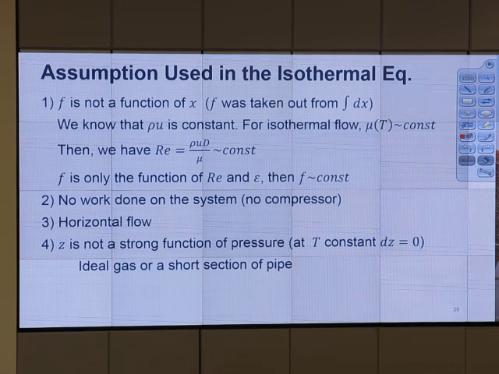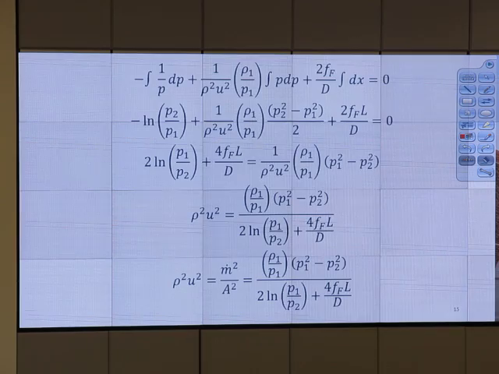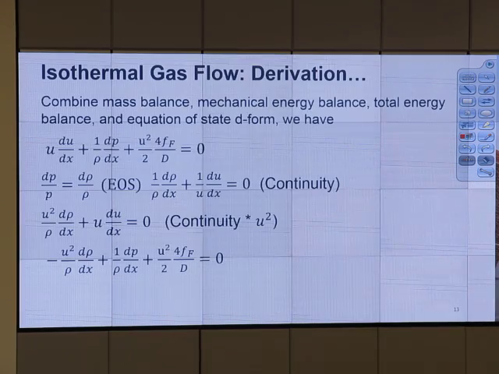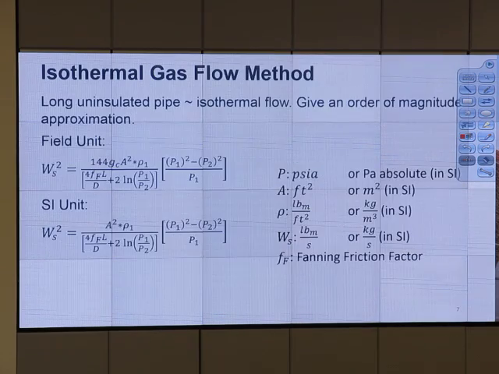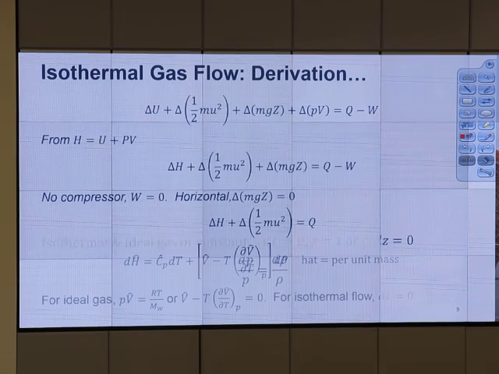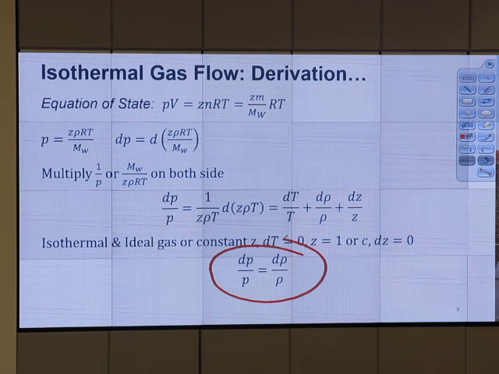So if you recall, in the last lecture, from the equation of state, we have this term, right? dP over P equal to d rho over rho.